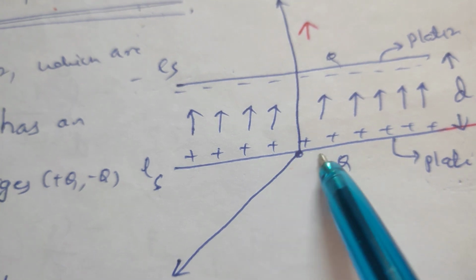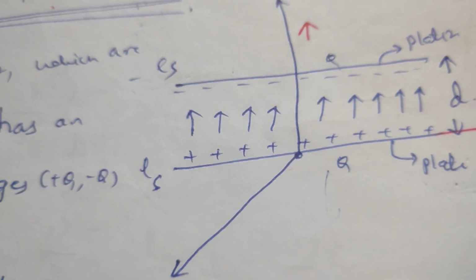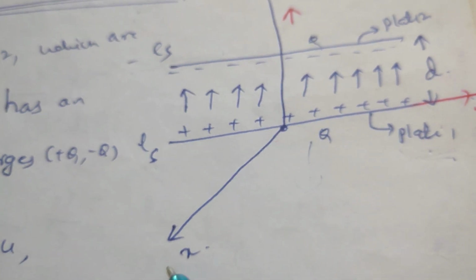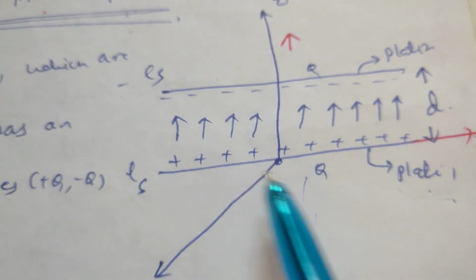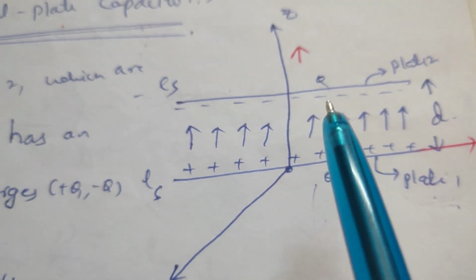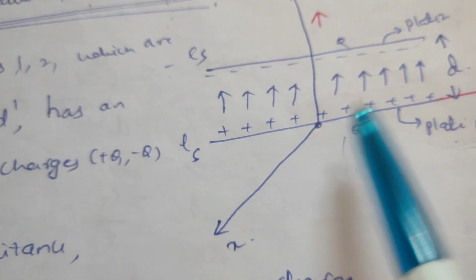To calculate the electric field intensity, here I am taking a Cartesian or rectangular coordinate system, where the coordinates are x, y, z. To calculate the electric field intensity or capacitance, first of all I have to calculate the net charge.